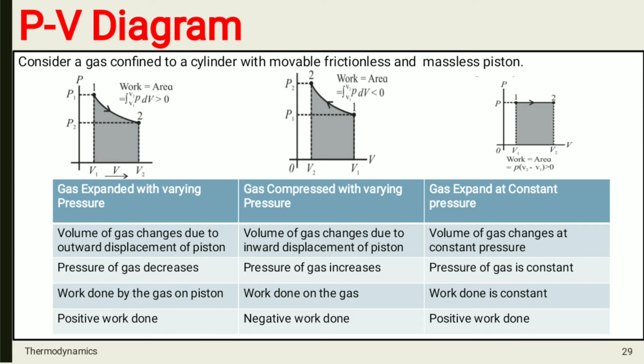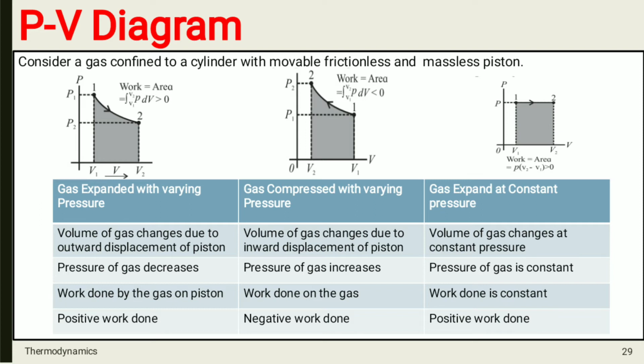Compression of gas takes place, that is, volume of gas decreases. As you can clearly see from the figure, V1 is greater than V2, and the system is changing its path from 1 to 2, where volume of gas decreases, means there is a compression of gas, and here pressure of gas increases from P1 to P2.